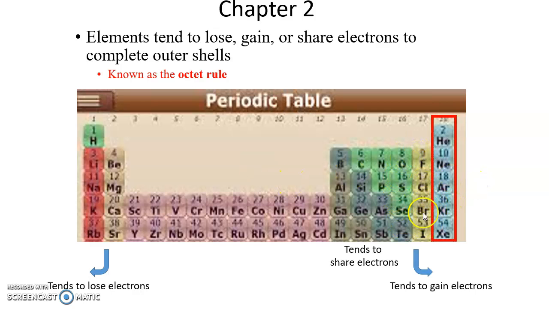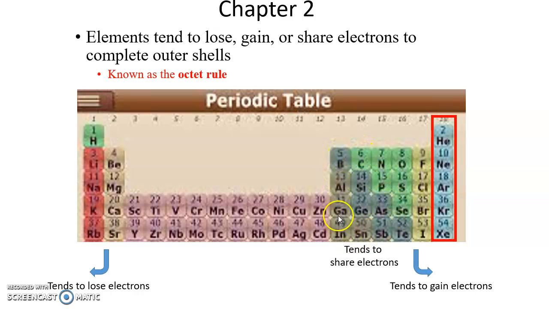The elements with a lot of electrons in their outermost shell tend to gain electrons. When they gain electrons, that will fill their outermost shell, making them chemically appearing similar to the noble gases. I'm sorry, I lied, not chemically, but structurally appearing similar to the noble gases.